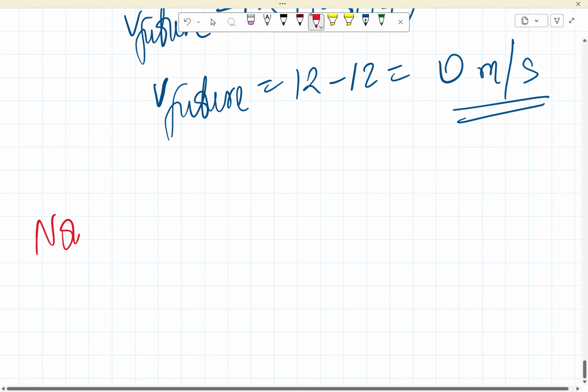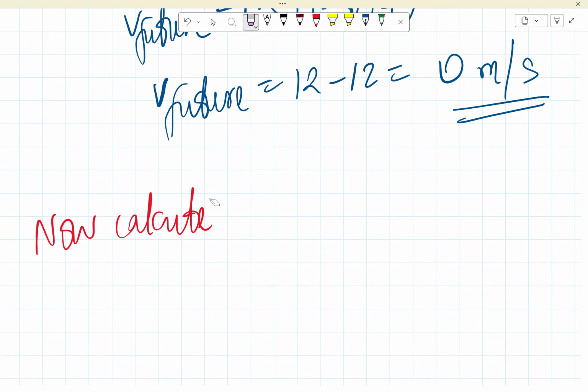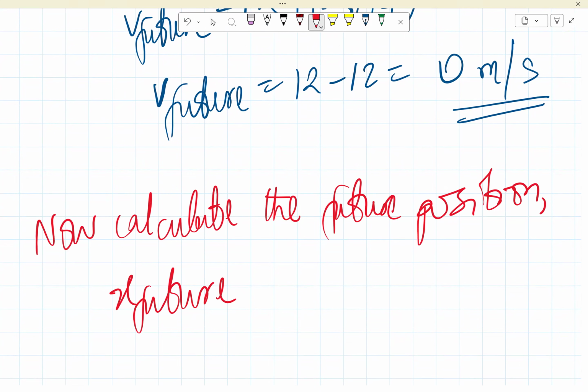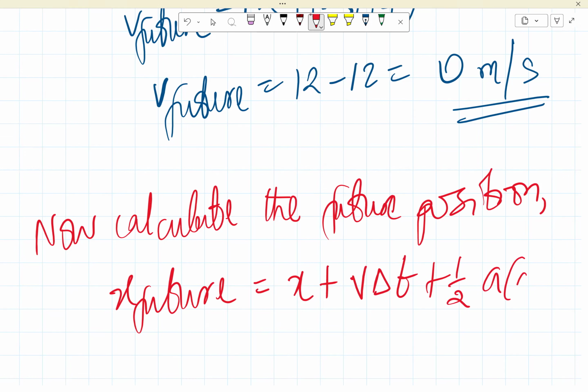So if it stops like that, now we need to calculate the future position. Where is it going to stop? That's important. So we have x future equals x plus v change in time plus half a change in time all squared.